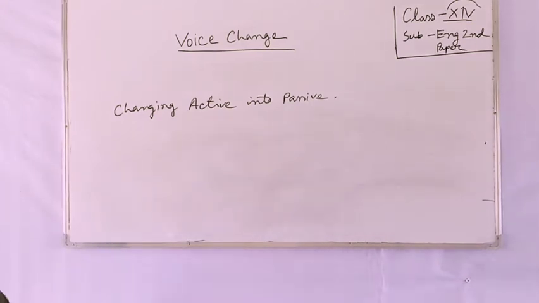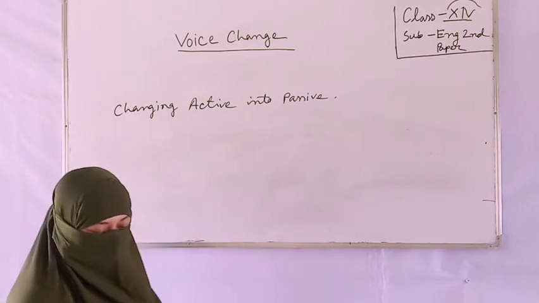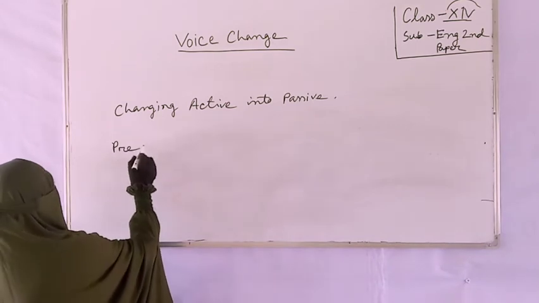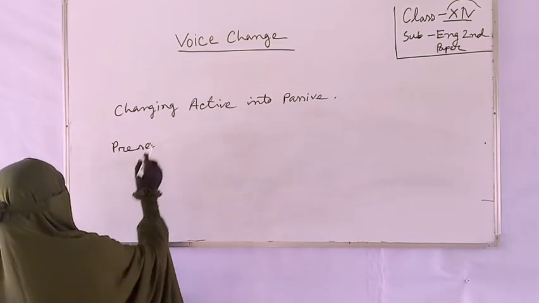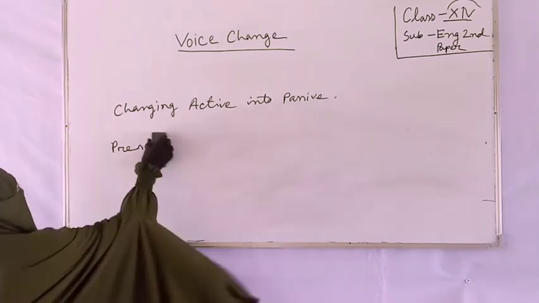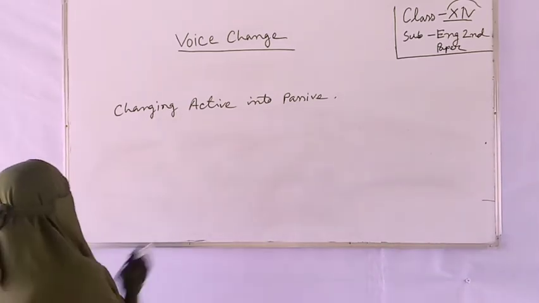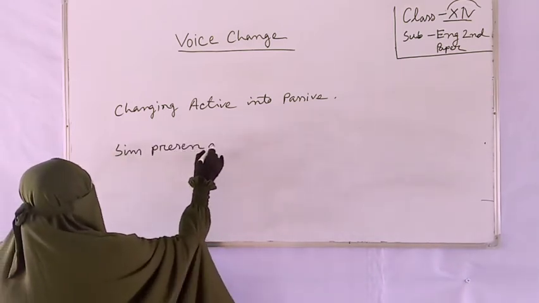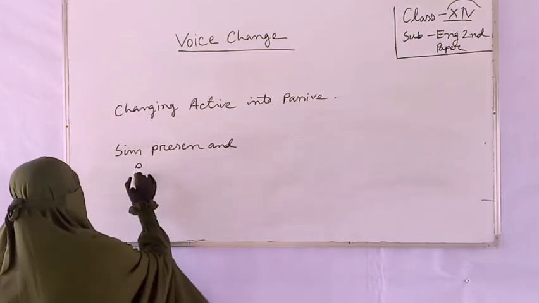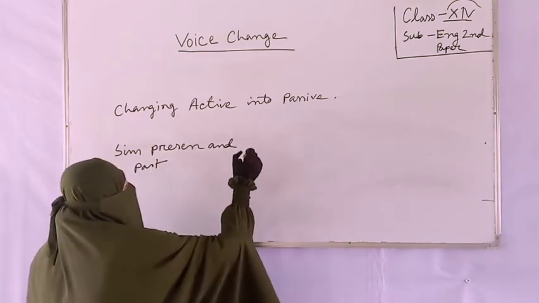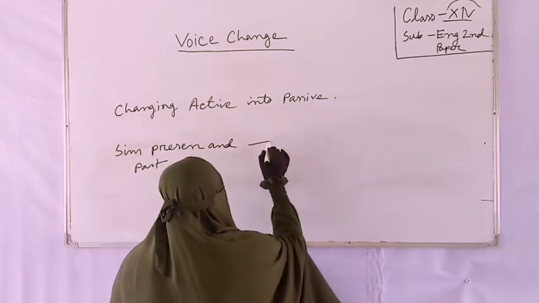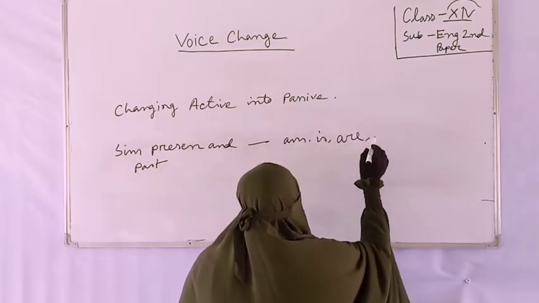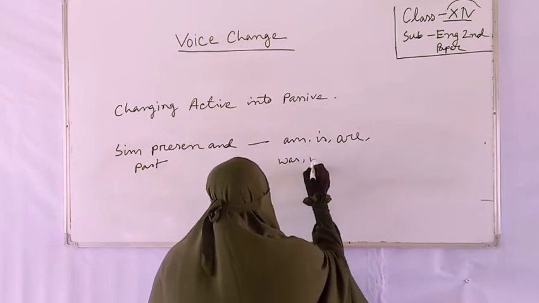Then we can discuss the changing of tense. Simple present and past. The to be verbs will be, in this case, am, is, are, was, were.